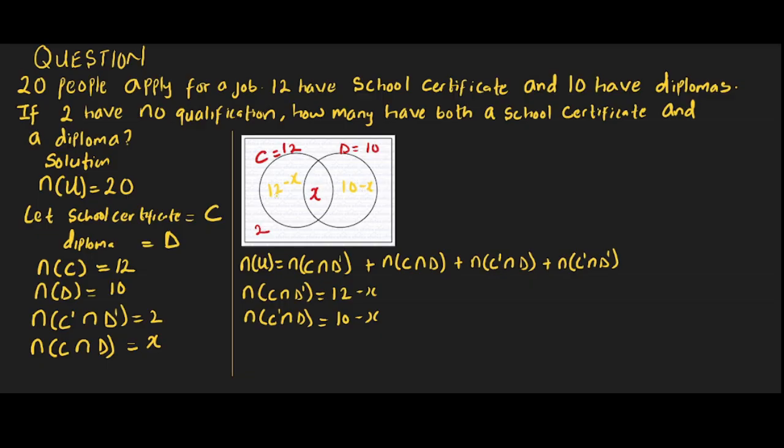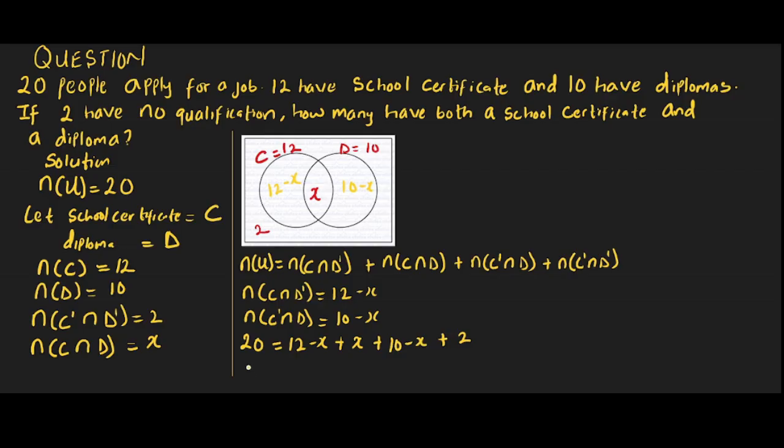So when we sum this plus this plus this plus this, it should give us the universal set, which is 20. That means n(U), which is 20, equals 12 minus x plus x plus 10 minus x plus 2.